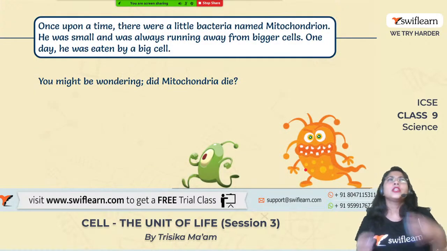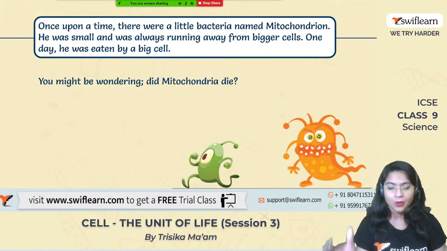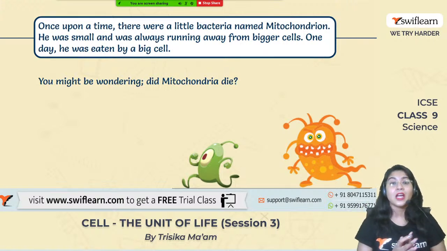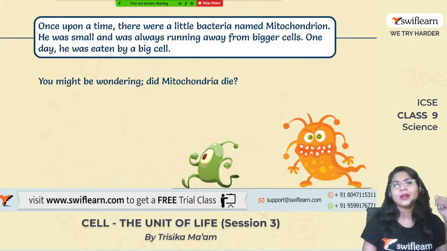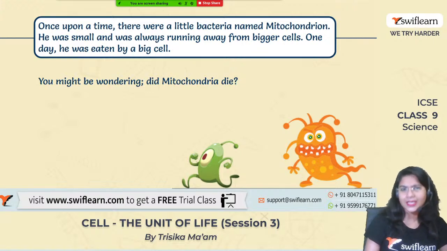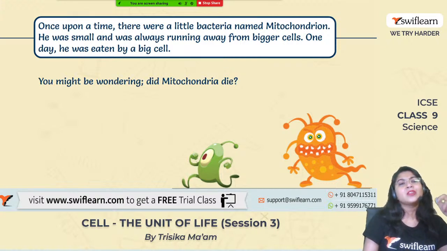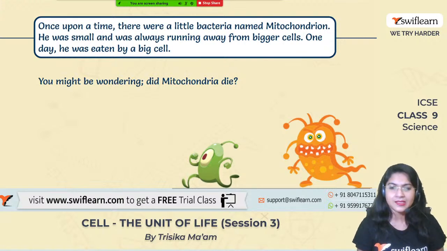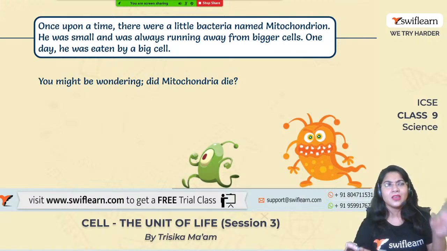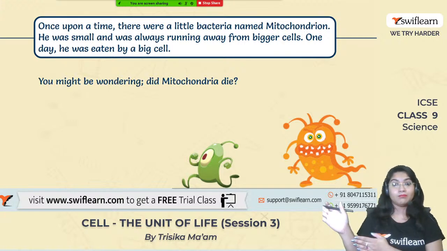Now before going specifically into the different cellular organelles, let us first find out with the help of a story. Have you ever heard this story? Once upon a time there was a very small bacteria whose name was mitochondrion. He was very small and always running away from the bigger cells. Whenever that mitochondrion saw a bigger cell coming towards it, it just ran away.